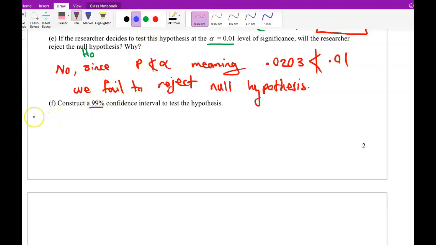For our confidence interval, I should find x bar plus or minus the margin of error.